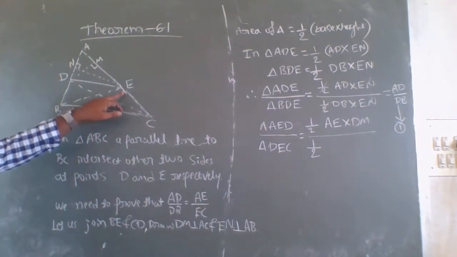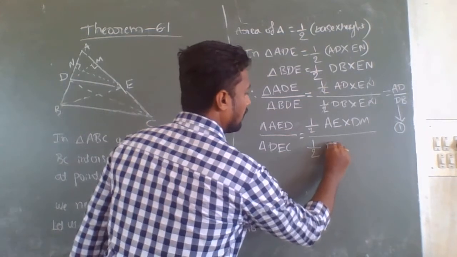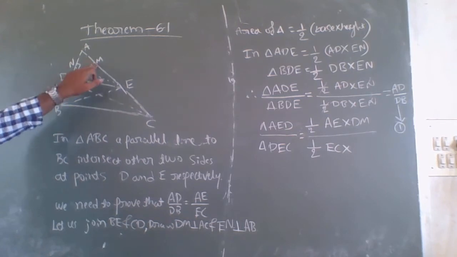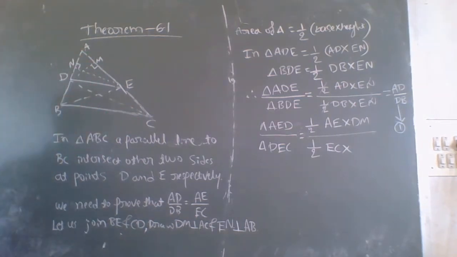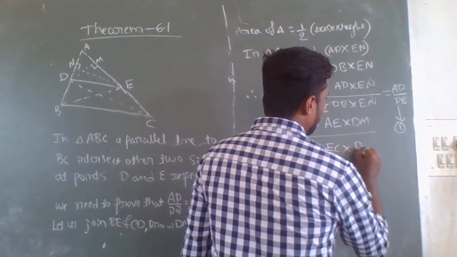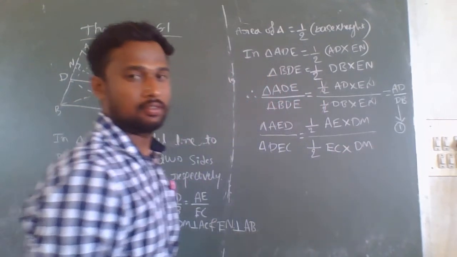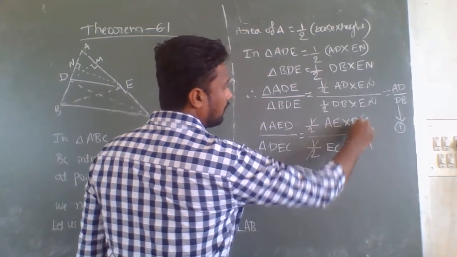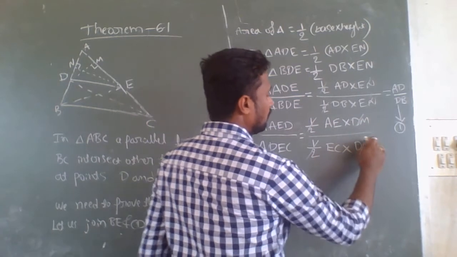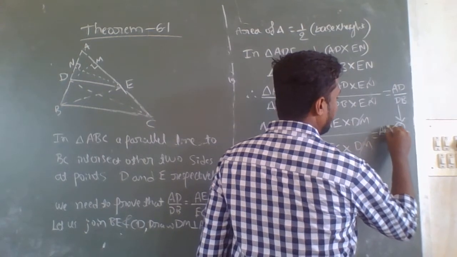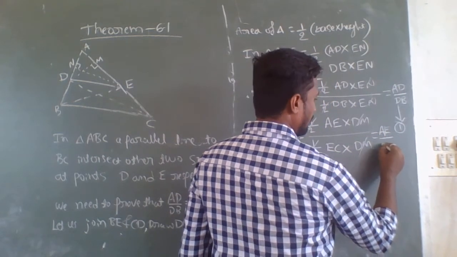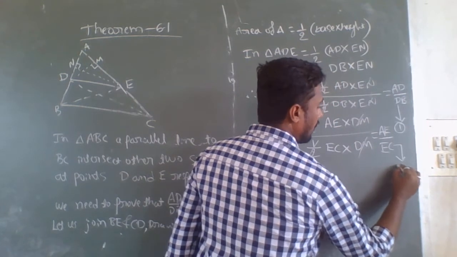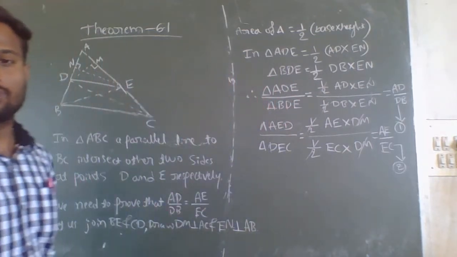Here the base is EC and the height is DM, because this DM is perpendicular to line AC. Now I can cancel 1 by 2 and 1 by 2, and DM and DM. So I got the value as AE by EC. I will consider this as equation 2.